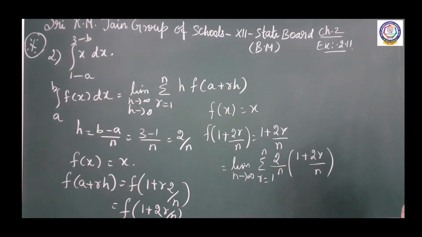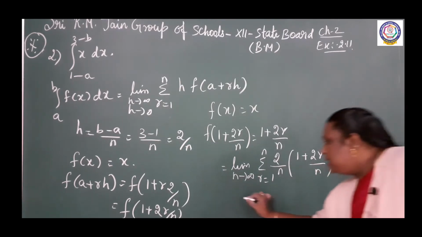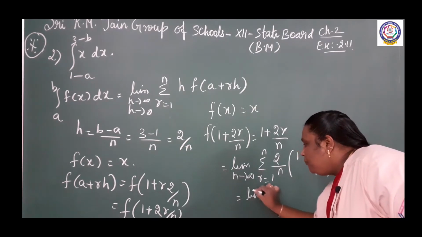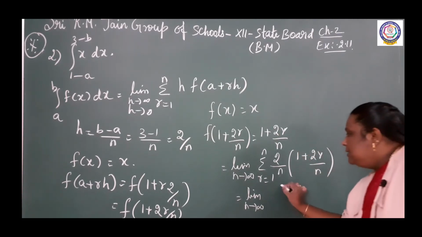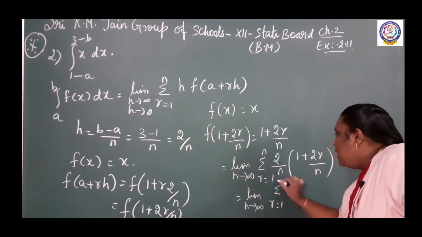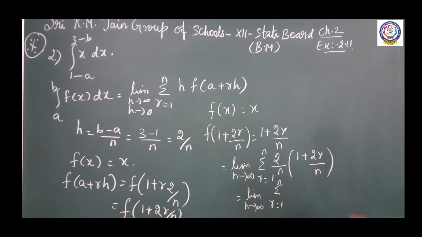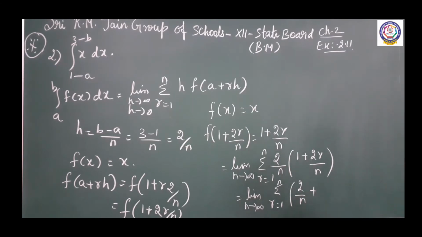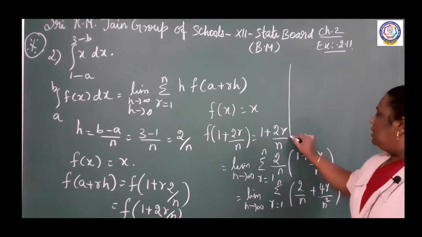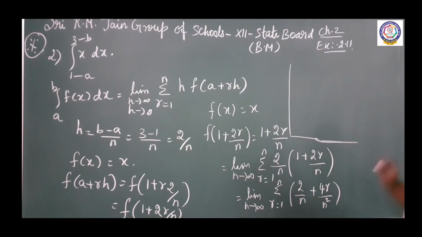So you substitute here, limit n tends to infinity, sigma r equal to 1 to n. You multiply inside. See, 2 by n plus 4r by n square.